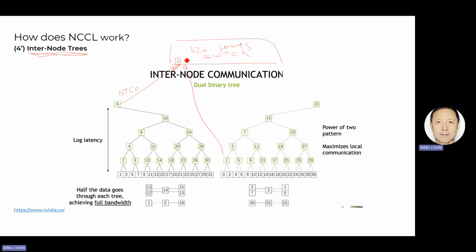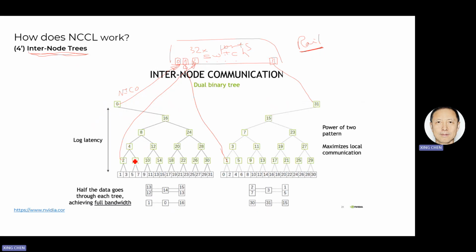Node 1 will be connected to port 1 by a cable, and the third one will be connected here, and the last one will be connected here. So basically what I get is a switch connected to the 32 nodes. But remember, this is just one rail. What we have seen is just one rail.